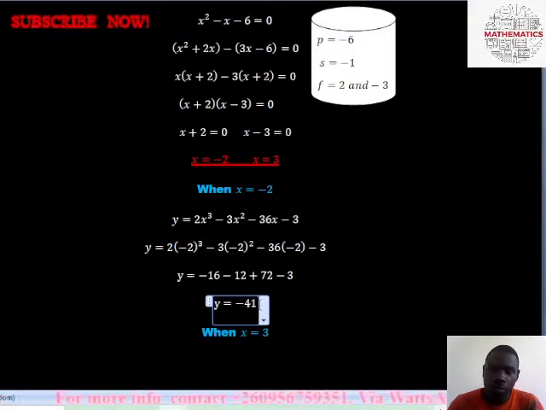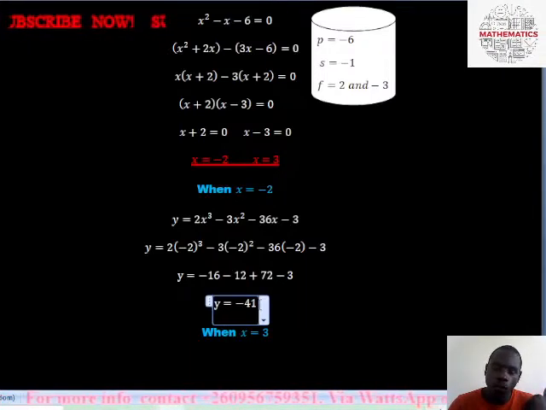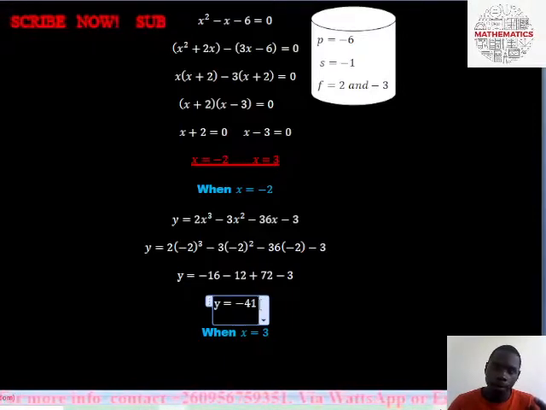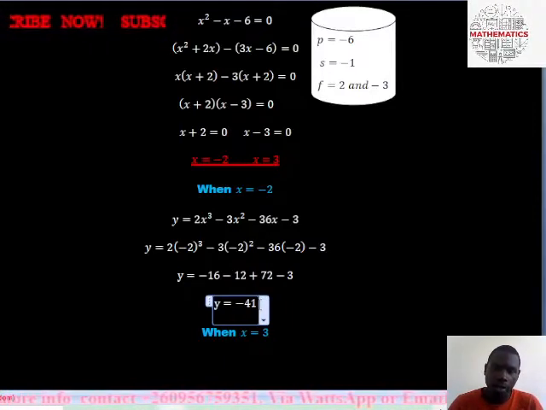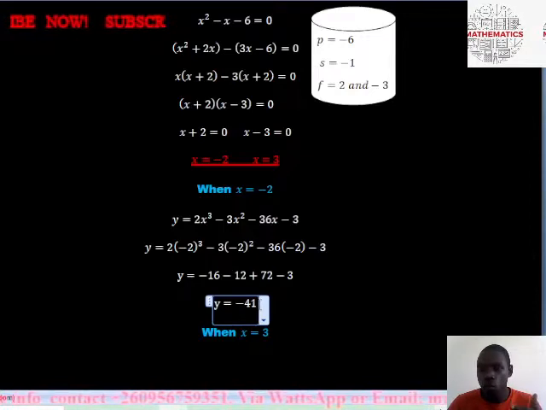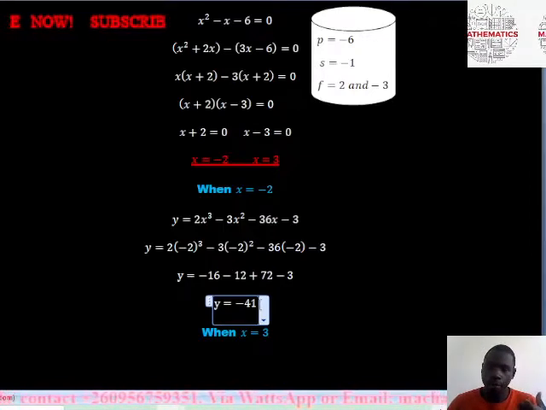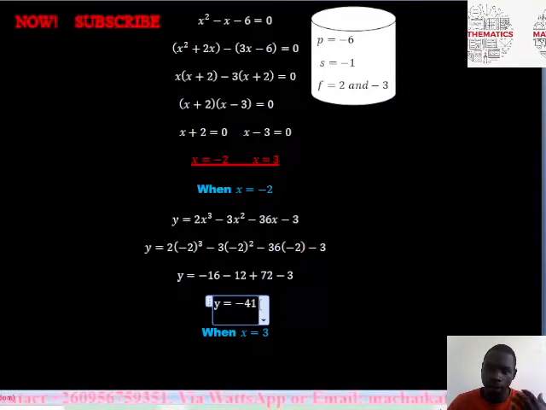So that -41 represents the value of y. Remember that we have two values of x. Hence we need to also find the two values of y. Are we together?